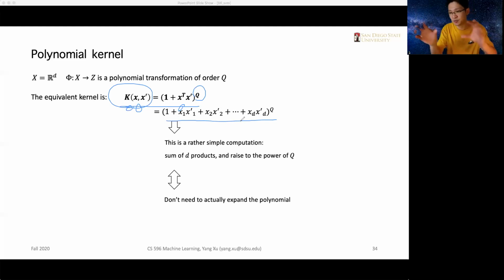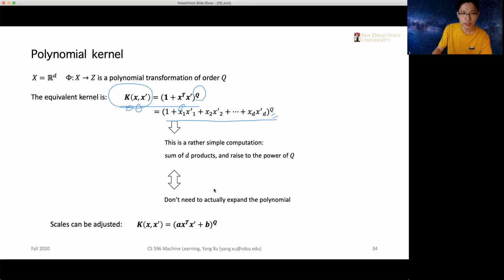We don't need to expand the Q order polynomial term. Also, this polynomial kernel can be adjusted by further hyperparameters defined by A and B. That's something we can tune in order to find the most suitable polynomial kernel function.